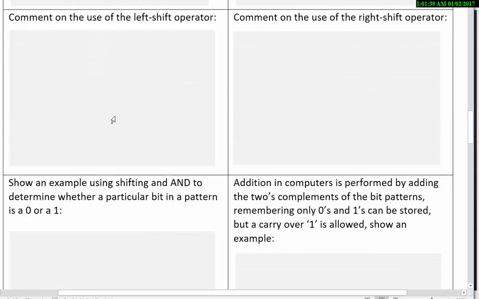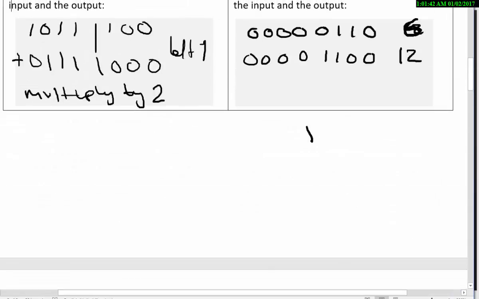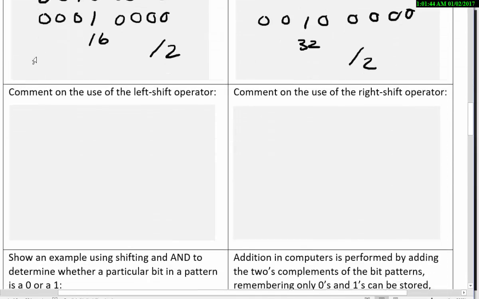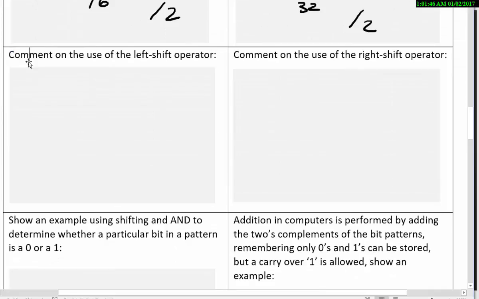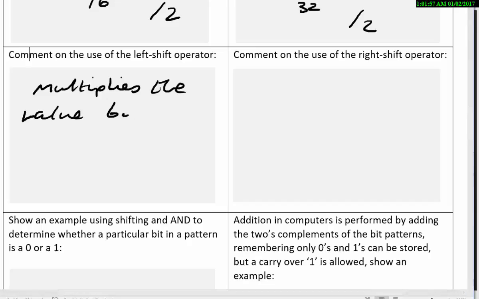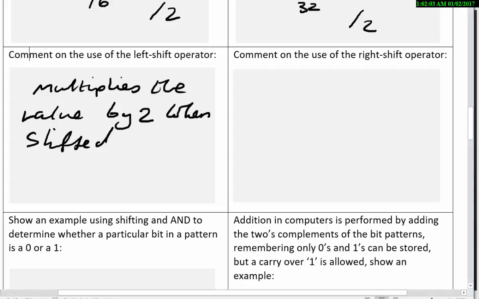Right, so comment on the use of the left. So left multiplies the value by 2 when shifted left by 1 digit.